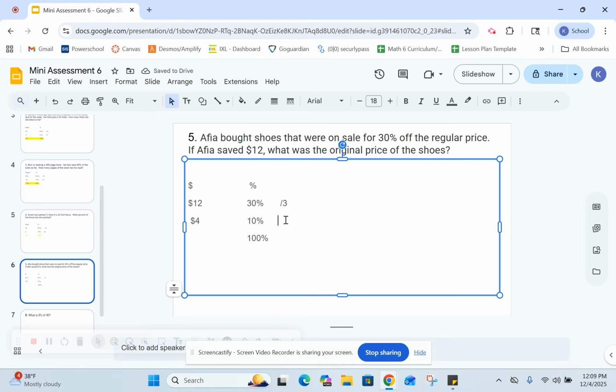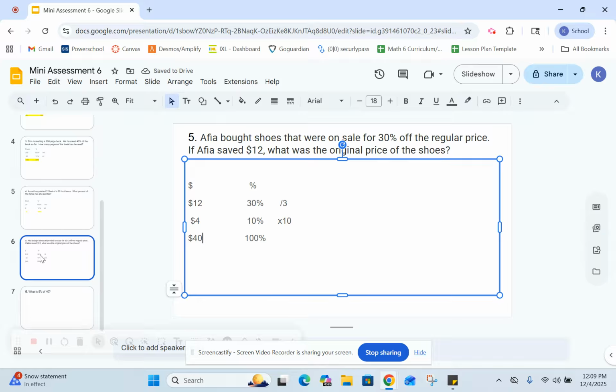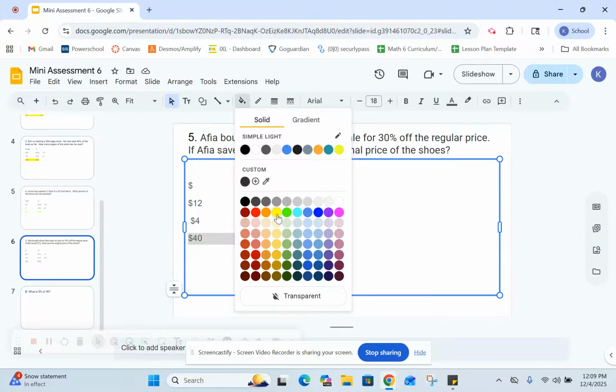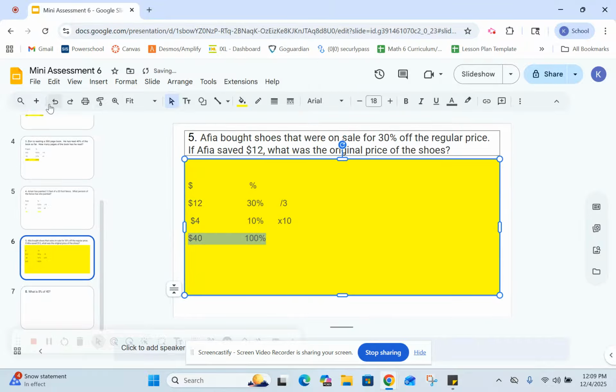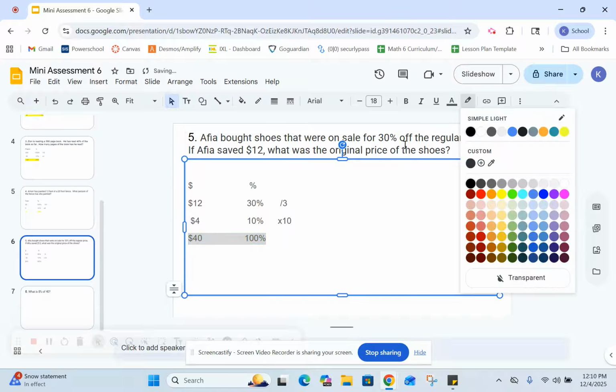Think about how many 10% make 100%. That's right, 10. So now we are going to multiply by 10. $4 times 10 is $40. So $40 would make 100%. All right, you will now answer a similar question, and then we will move on.